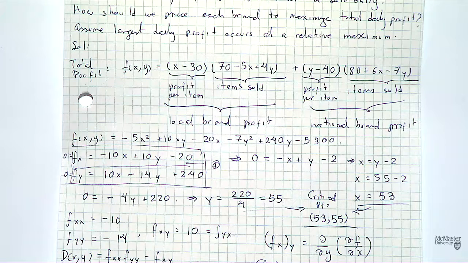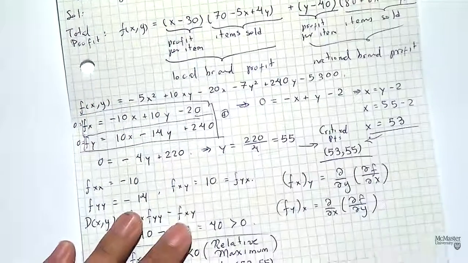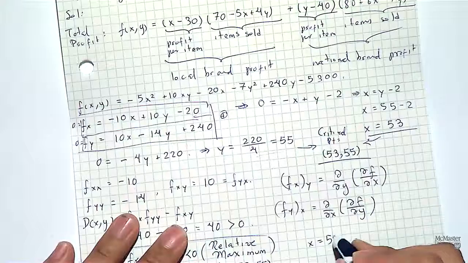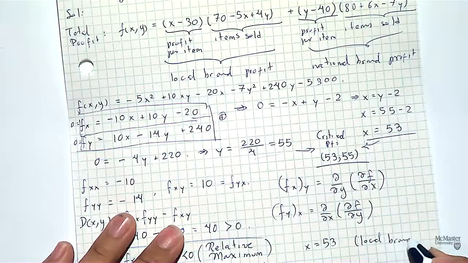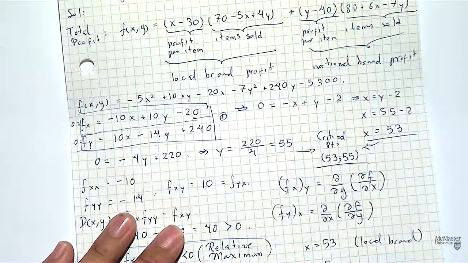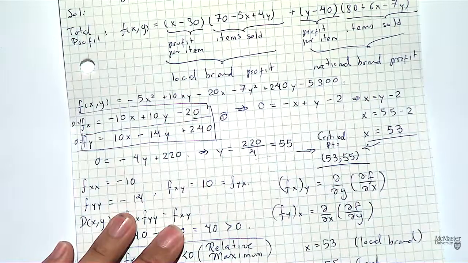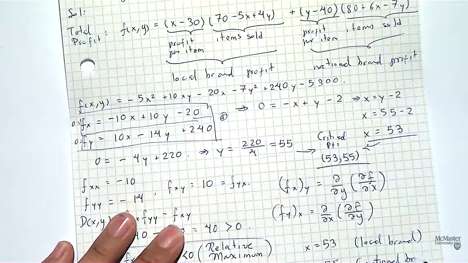Either you go to infinity, or because the domain is the whole R2, if there's basically a local minimum, it should be a critical point, which we found, and it's the only option. And so, well, basically the price of the local brand would be this one, and the price of the national brand would be this one.